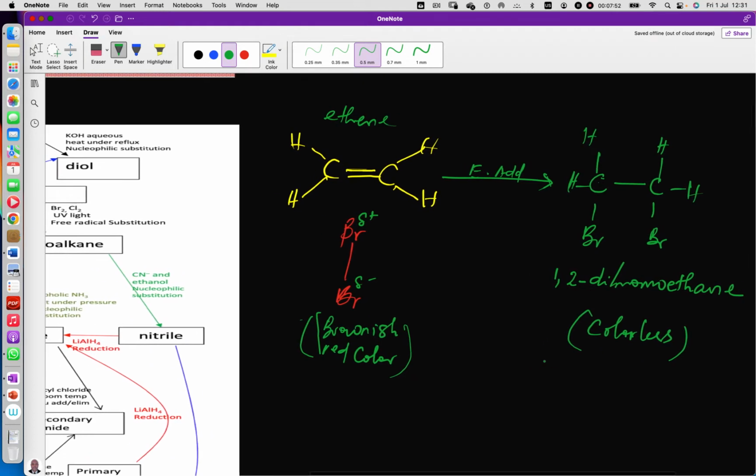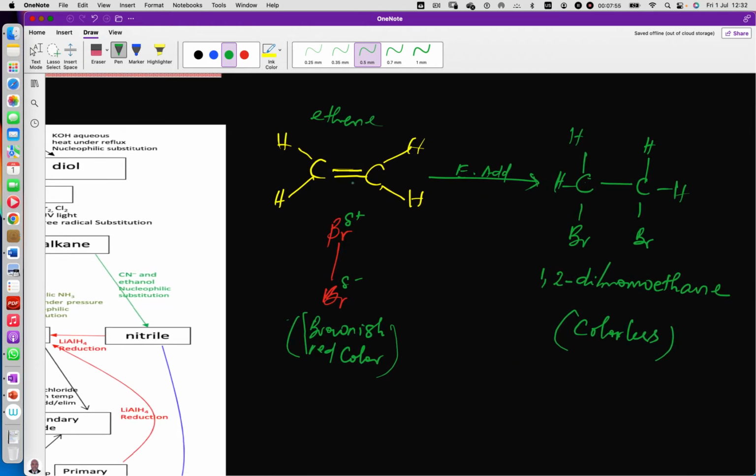So now I said this is an alkene. An example of the alkene is ethene. When it reacts with a bromine molecule, because of the high density of pi electrons here, there is going to be an induction, a partial positive charge induced here and a partial negative on the opposite side.